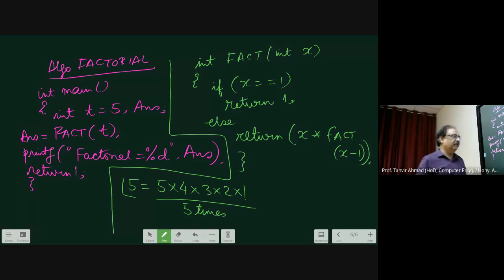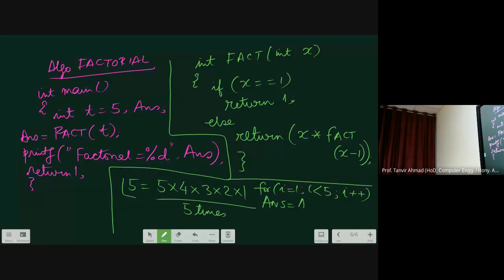You write it like this: for i is equal to 1, i less than 5, i plus plus, answer is equal to answer multiplied by i.